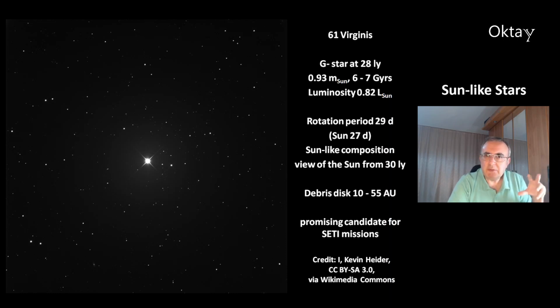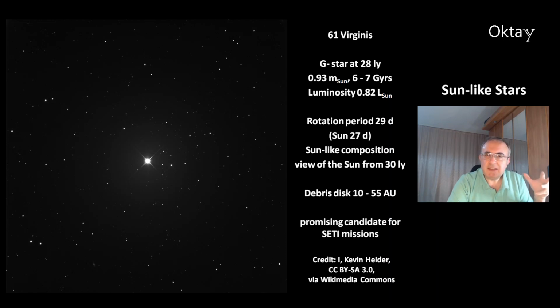So there is a relation between age and rotation period, because over time the star loses momentum to the stellar winds. That's why this older star, 61 Virginis, has a slower rotation than the Sun. This star is known to have a Sun-like composition.